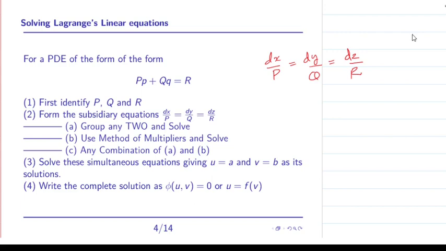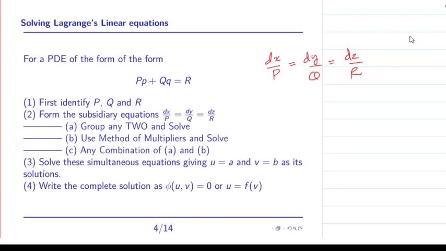Whenever you get a question like this, you first have to identify capital P, capital Q, capital R. Capital P is nothing but the coefficient of small p. We know what small p is, dou z by dou x, and small q is dou z by dou y.